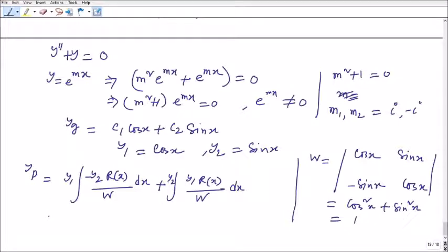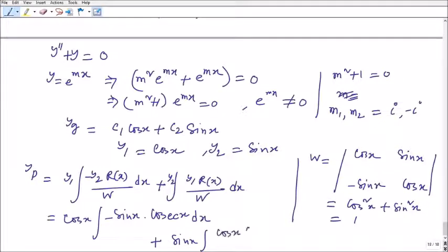So we can write y1 is cos x and y1 dash equal to minus sin x, and r is cosec x into cosec of x by 1 into dx plus y2, which is sin x into r of x, y1 is cos x into cosec of x into dx.